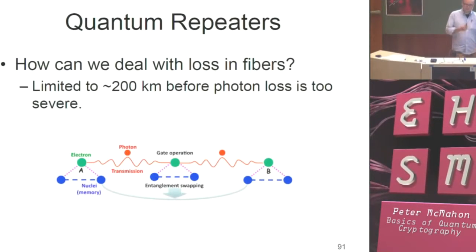So people came up with a different way of doing things, and this is actually the reason that people like the Ekert protocol. So far I haven't really given you any advantage that the Ekert protocol has over BB84, and it's technologically a little bit more difficult because you need this entangled photon source rather than just a single photon source.